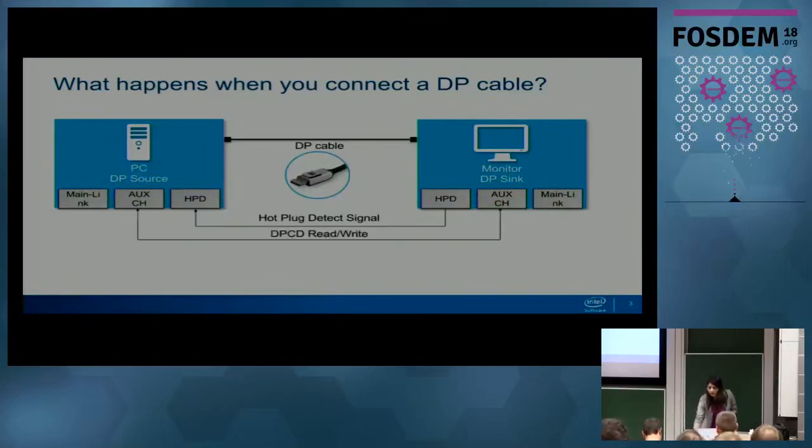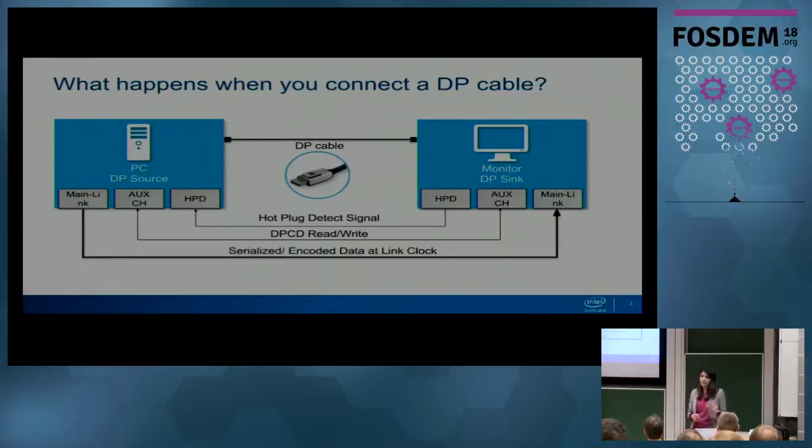After that, the source initiates the DisplayPort configuration data register reads and writes, through which it starts reading the capabilities supported by the monitor. It will know the resolution supported and the link parameters supported by the sink device. Once it has negotiated these parameters between the source and the sink device, it's ready to encode the data and start sending it on the actual cable.